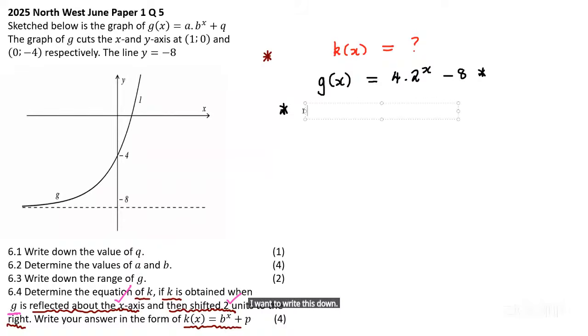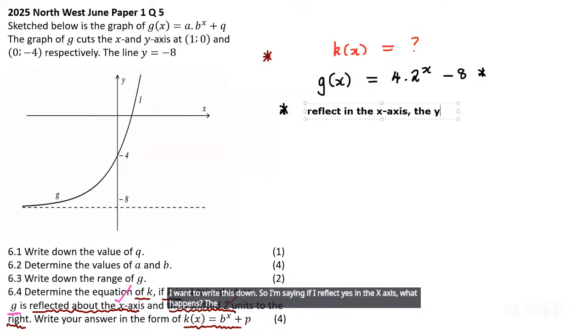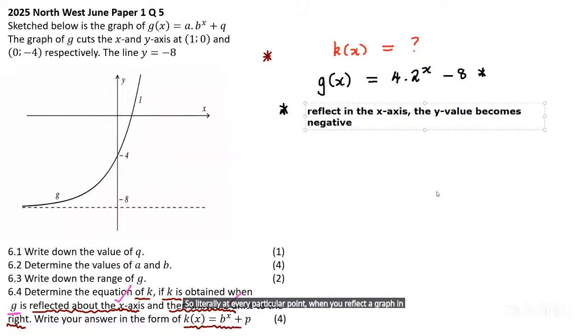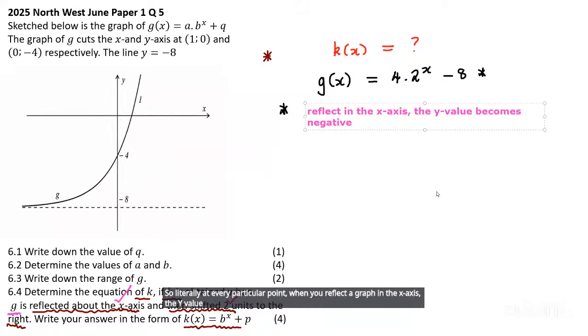So I'm saying if I reflect in the x-axis, what happens? The y value becomes negative. So literally at every particular point, when you reflect a graph in the x-axis, the y value becomes negative.